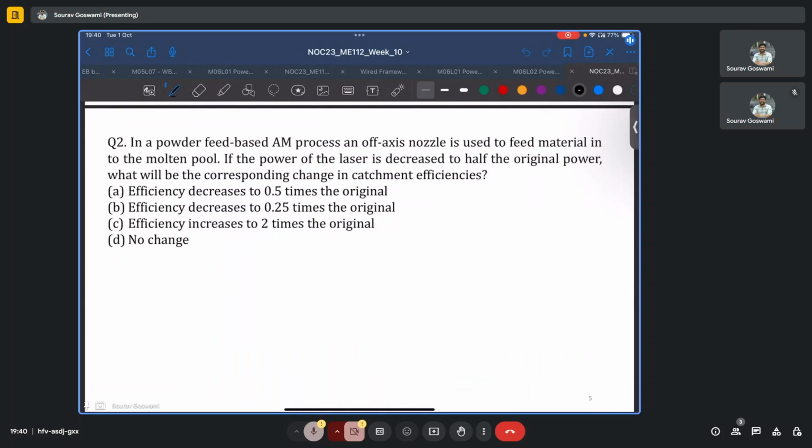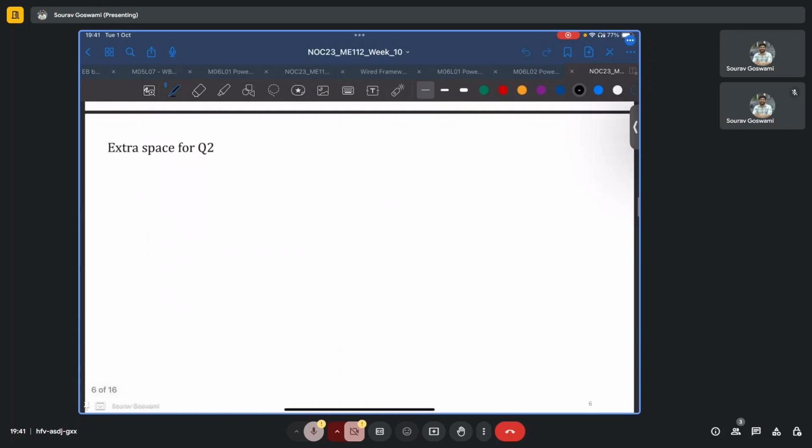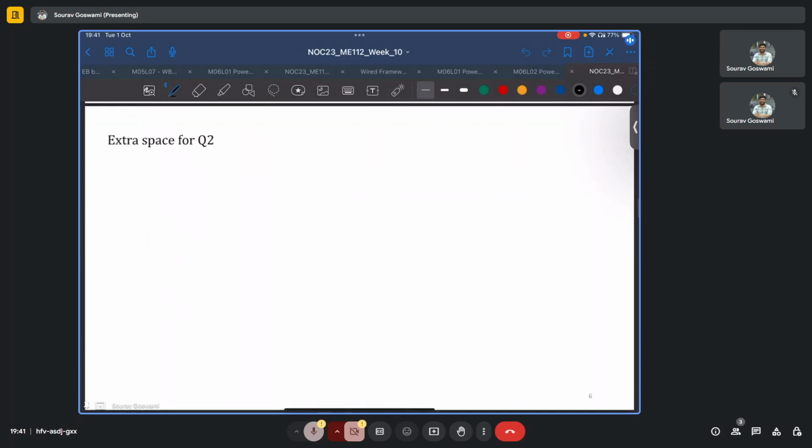In a powder feed-based AM process, an off-axis nozzle is used to feed material into the molten pool. If the power of the laser is decreased to half the original power, what will be the corresponding change in the catchment efficiencies? If you remember, the expression was derived for this exact case, and I will just write the expression.